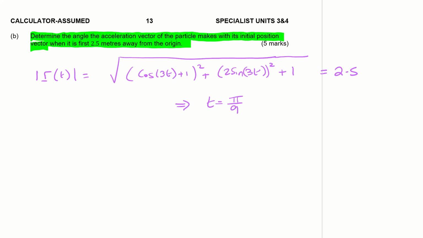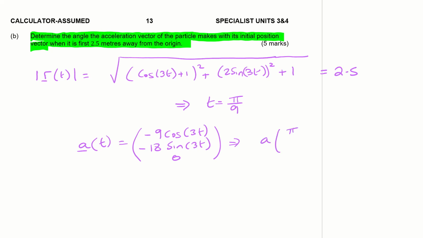and that should give us t is equal to π/9. Now, to get the acceleration, we're going to differentiate the velocity. That is going to be (-9 cos 3t, -18 sin 3t, 0). And a(π/9) then, remember these are 3s, so they'll end up being π/3 inside each of those.